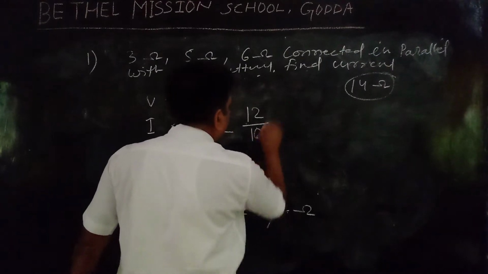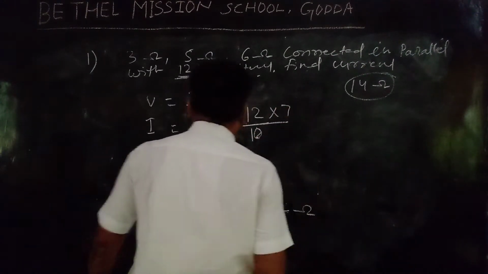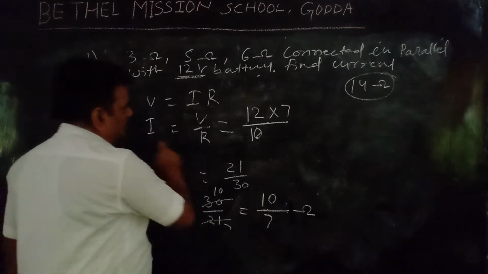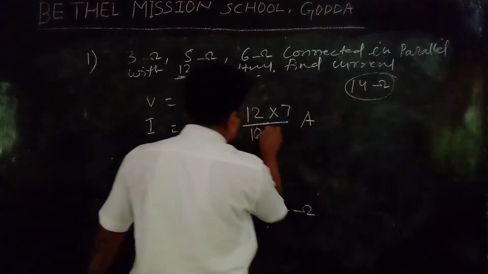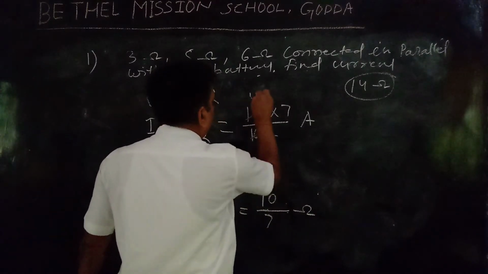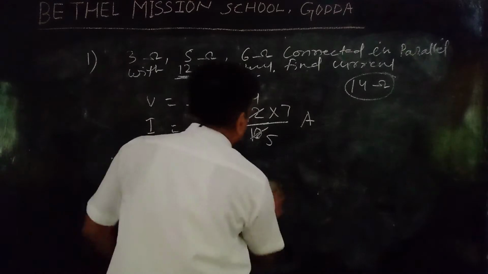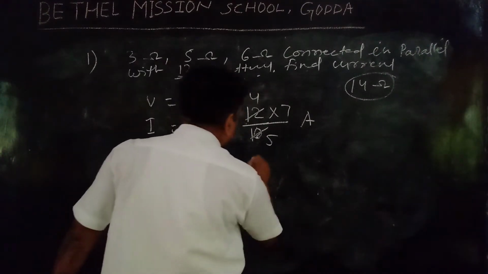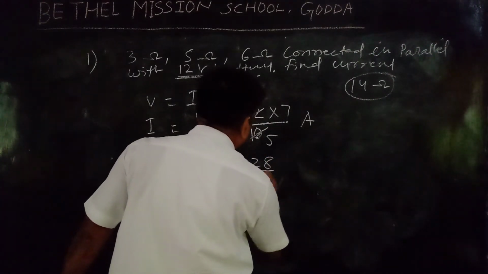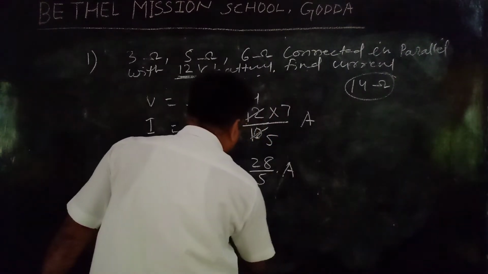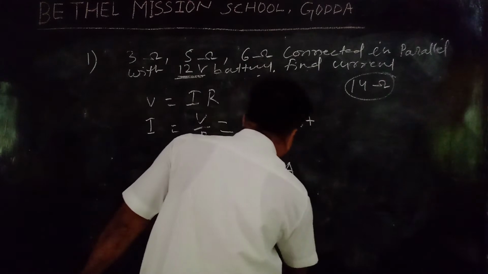So 12 times 7 upon 10 gives 28 by 5 ampere, which means 5.6 ampere.